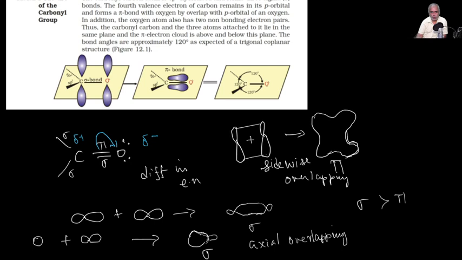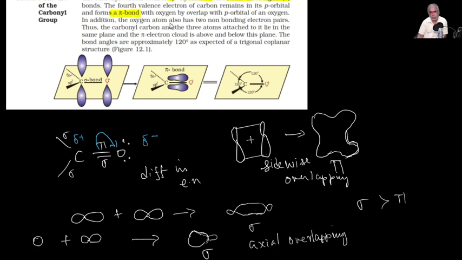So let me note down the key points here. The carbonyl carbon atom is sp2 hybridized. This is very important. Second point, it forms three sigma bonds and the fourth valency electron, that is due to pi electron, forms a pi bond.